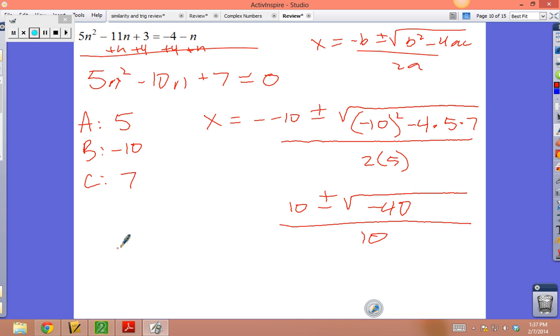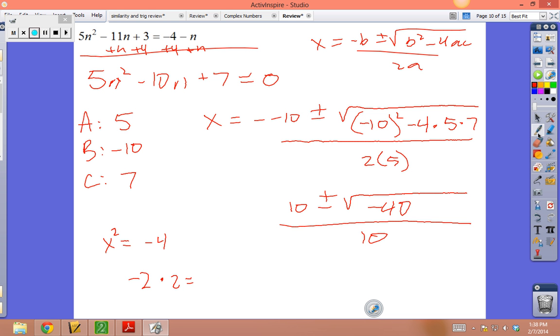Because if I ask you what number times itself is a negative 4, no number times itself is going to be a negative 4. A negative 2 times a positive 2 is a negative 4. So if you ever take the square root of a negative, it's imaginary.